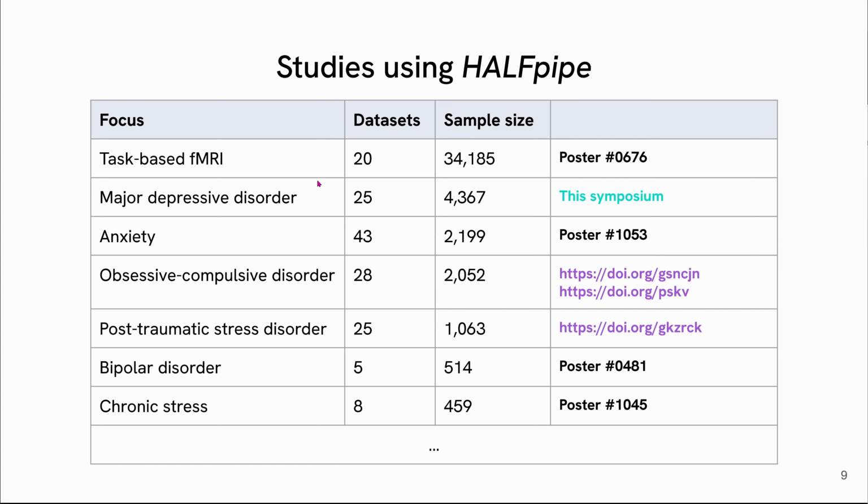Besides that, other researchers have applied or are in the process of applying HALFpipe to studies of patients versus controls, and they're looking at correlates both for resting state and task-based fMRI for various diagnoses. So I've listed some of these ongoing studies and also some published and preprints over here, and also some posters that might be interesting to check out.